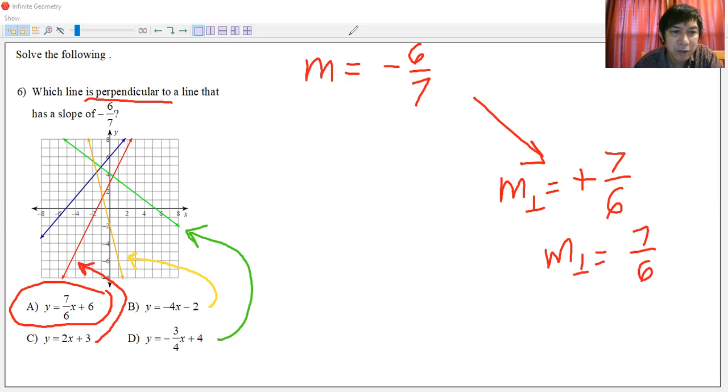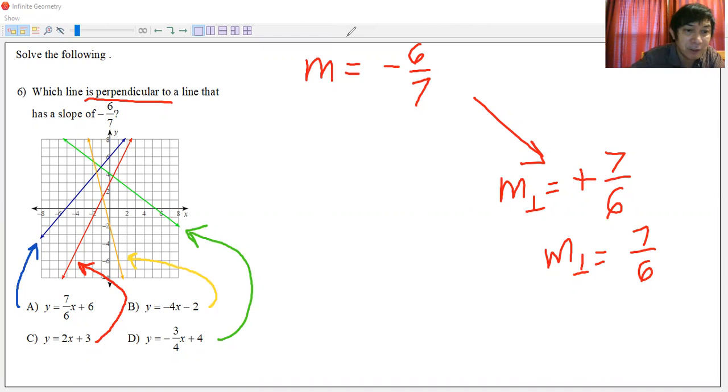Now, how about the A? That must be the blue. Let us change our color, but we will not change the answer. We will just change the color that we used. We're now going to use the blue, and that goes to the blue there. It's the one with the 7/6 slope.